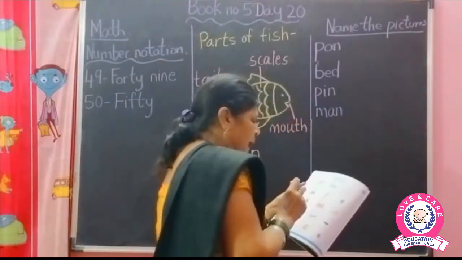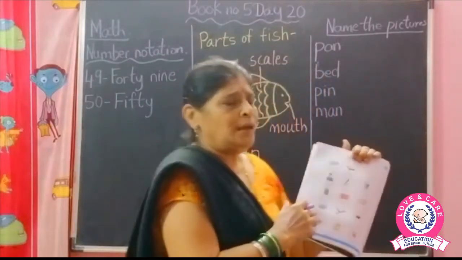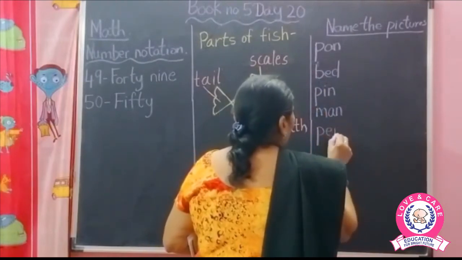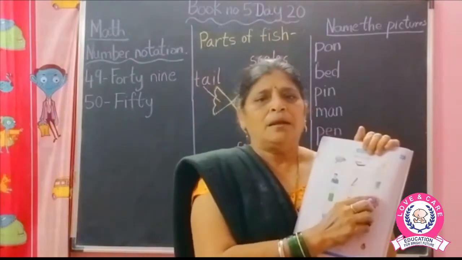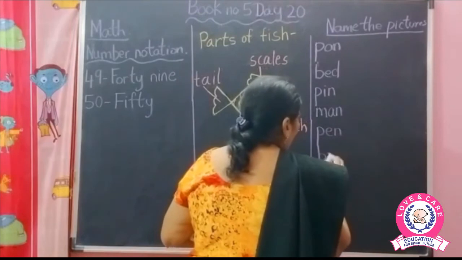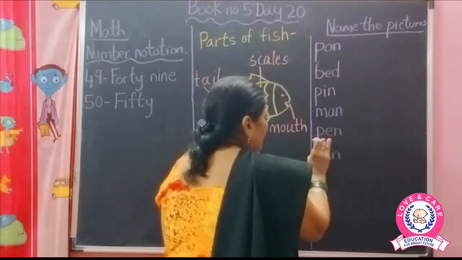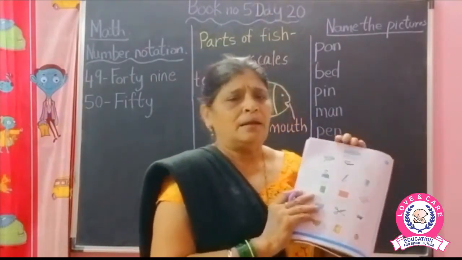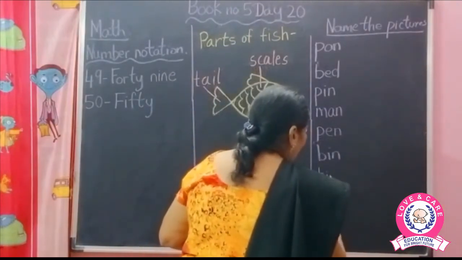Which picture is this? Pen. P-E-N, pen. Now the next one, bin. B-I-N, bin. Okay? The next one, tin.